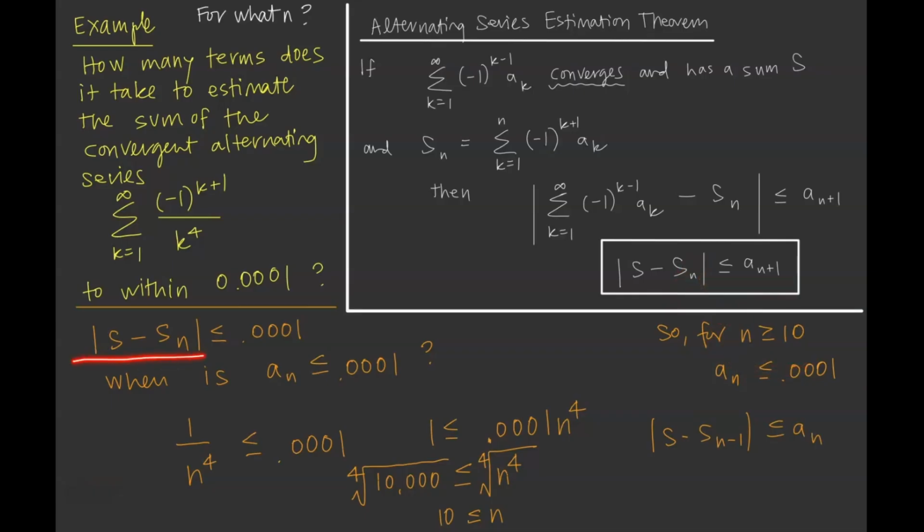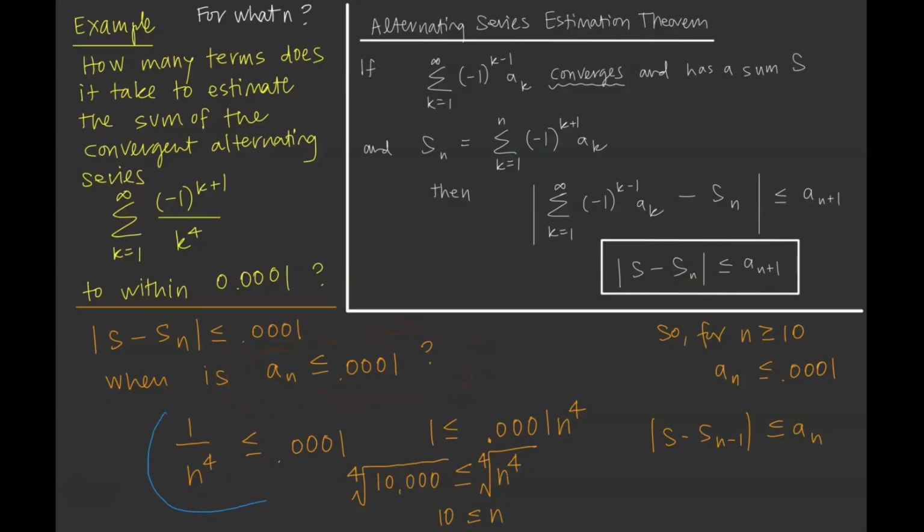Okay, so I want to run through the logic of the problem one more time. They ask us to find a partial sum that's within 0.0001 of the real sum. This expression right here is just a mathematical way of saying that the partial sum is within 0.0001 of the real sum. But this looks an awful lot like this guy from our estimation theorem. So we ask, for what term of the series, not the partial sum, but just what term of the series, are we guaranteed to be less than or equal to 0.0001?